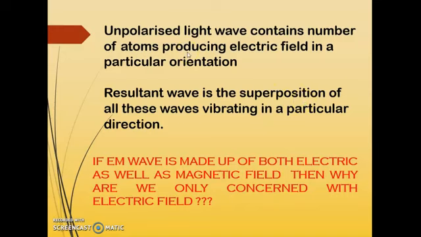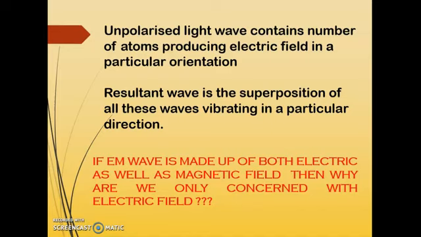So these charges producing electric field can have their orientation in all possible directions and not in one particular direction, right? So you have seen the vectors in the previous diagram, that the vectors are in a particular direction and that can have different angles, right? So what is the resultant electric field? It is the superposition of all these waves vibrating in a particular direction. That gives you the resultant wave of propagation.